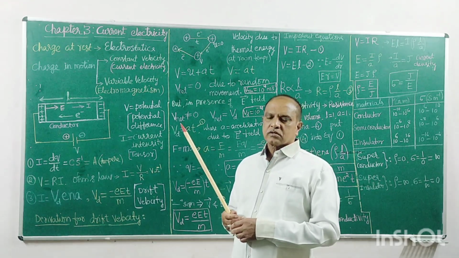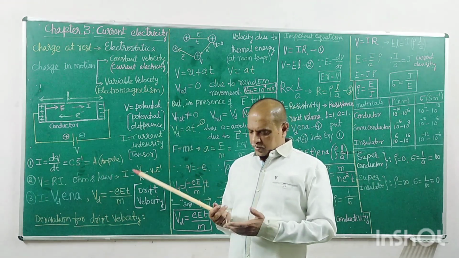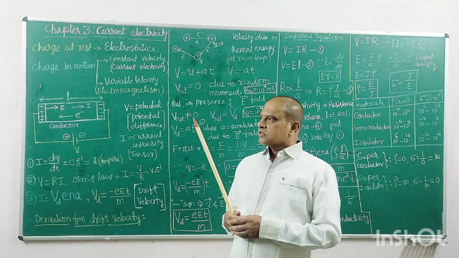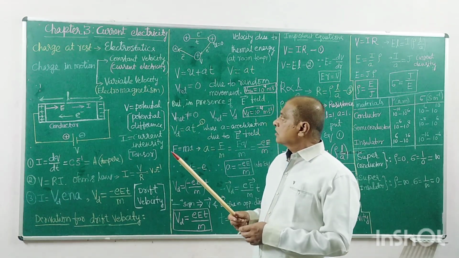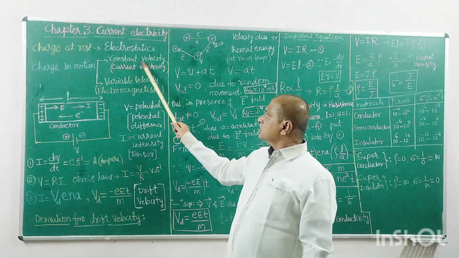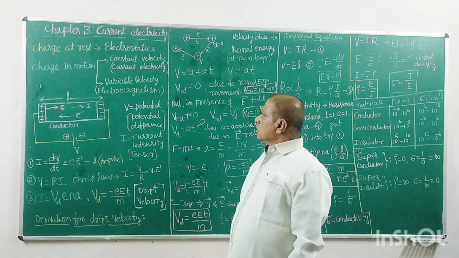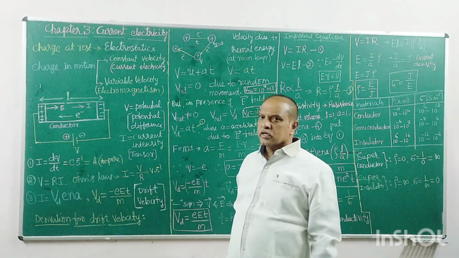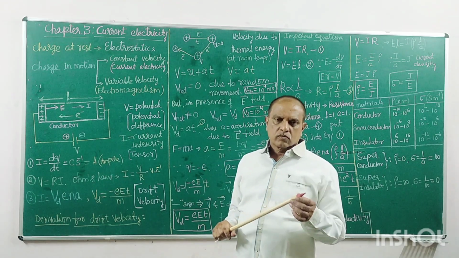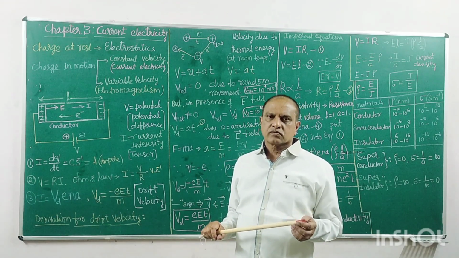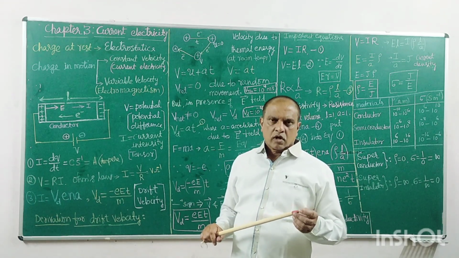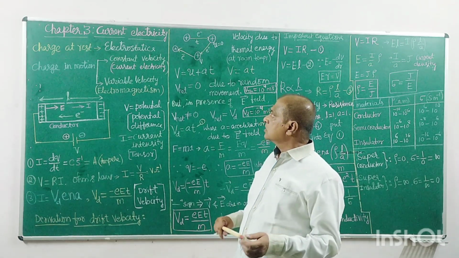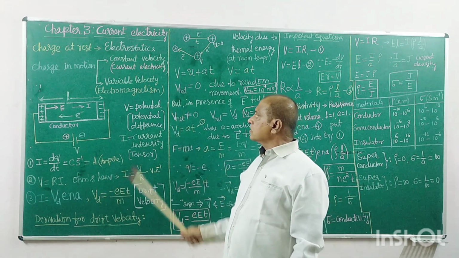The charge can have two types of velocities: one is a constant velocity and the other is a variable velocity. Constant velocity means the magnitude and the direction of the velocity of the charge remain the same.